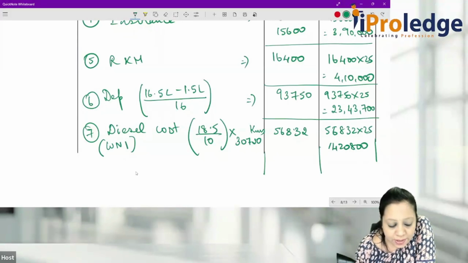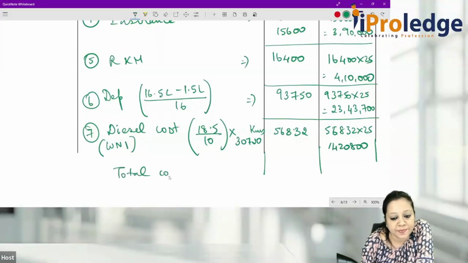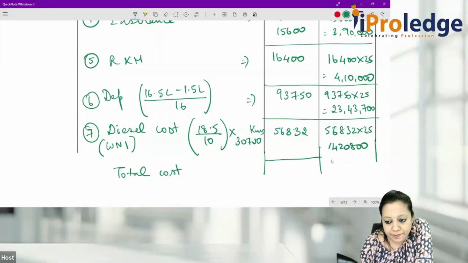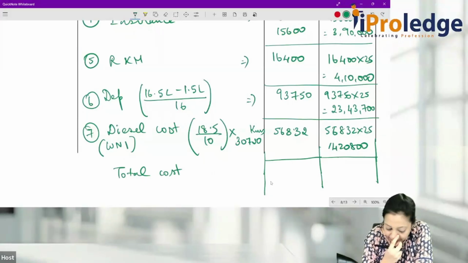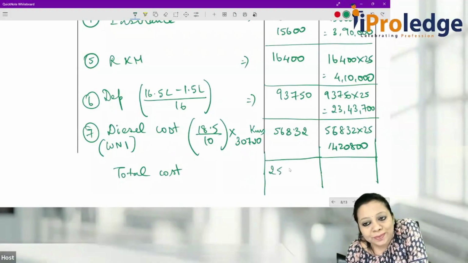So now what we need to do is we have pretty much taken all the costs. So let us find out the total cost. Please help me out with the totals. Come on, students. 2 lakh 52.